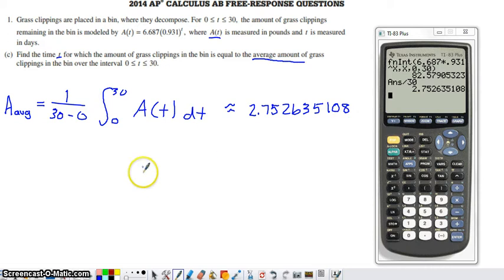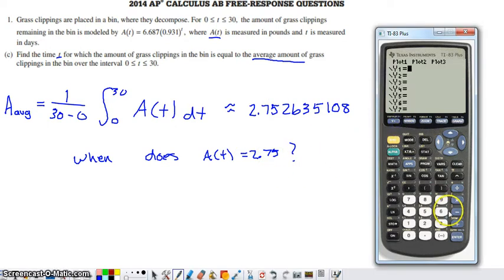So now what I need to do is figure out when A of t equals this average. So when does A of t equal this 2.75 and then all the other stuff? You can find this very easily with the calculator if you think about what the calculator can do for you.